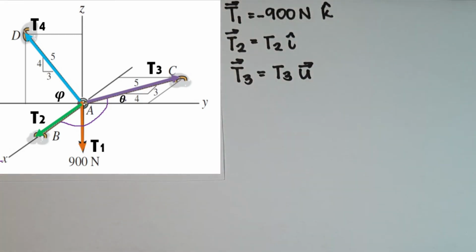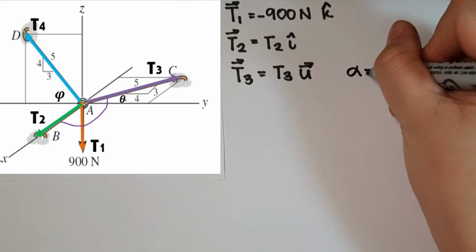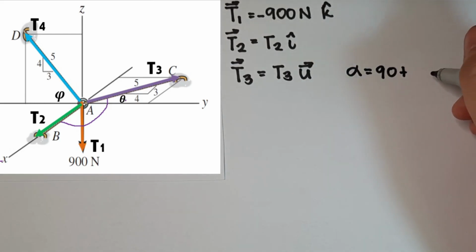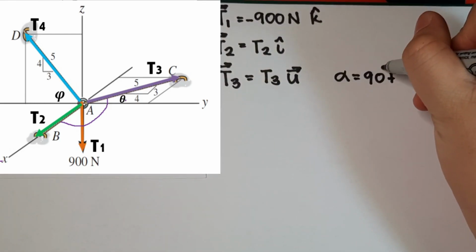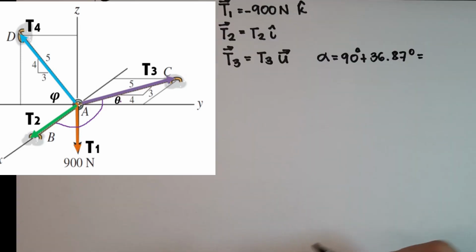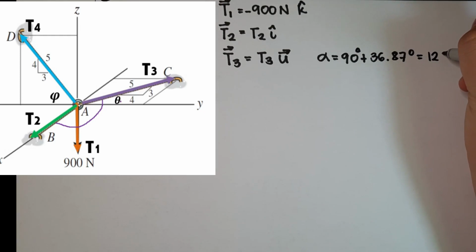To get the unit vector of T3, my alpha is equal to 90 degrees plus theta, and from our solution, theta is 36.87 degrees, so alpha is 126.87 degrees.